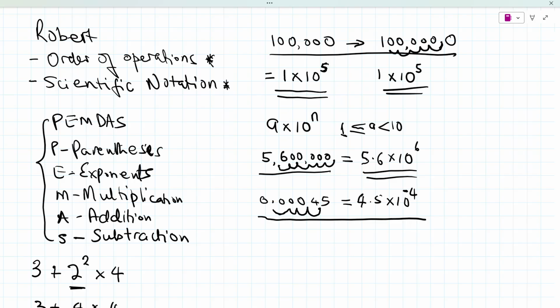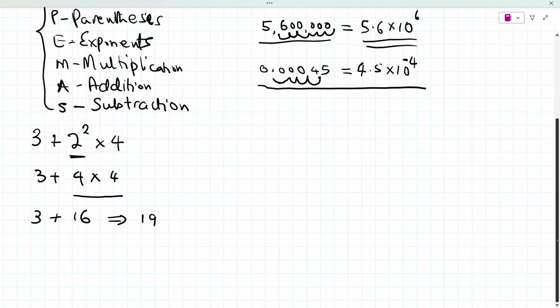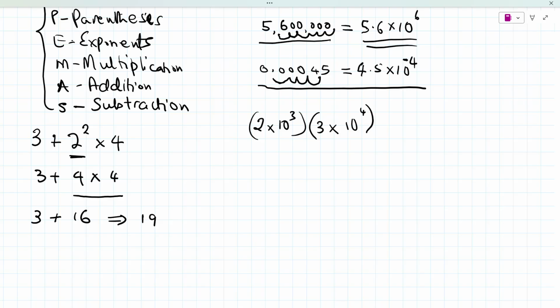So let's try to work out some examples. Scientific notation calculations. Let's look at multiplication. If you are given a number like 2 times 10 to the power 3, and you're supposed to multiply this by 3 times 10 to the power 4, you first have to multiply the numbers. That's 2 times 3, which will give us 6.